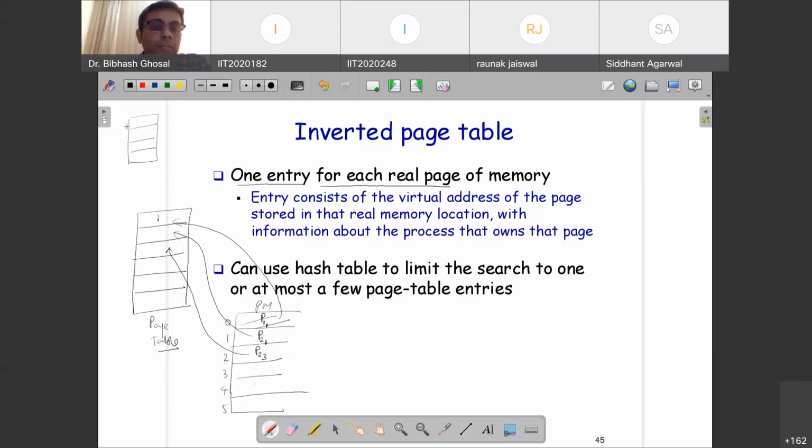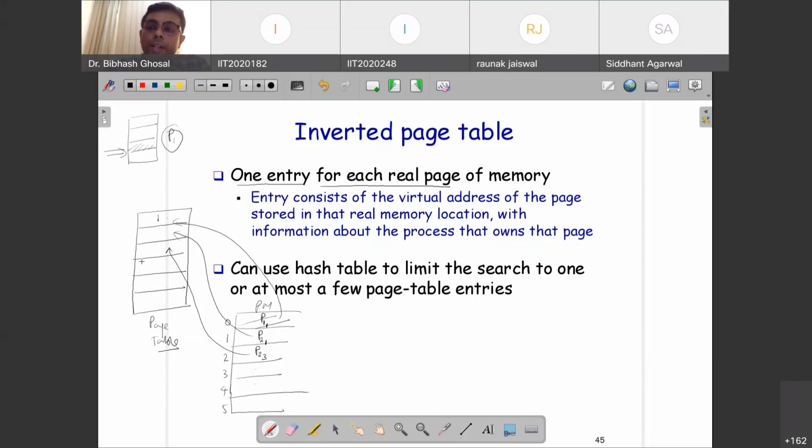So when some process is working and the CPU is generating some address and wants to access any address of this process, looking up to this particular page will be confusing. How will I know which page of process P1 is currently accessed? Because this table can contain pages of other processes as well.